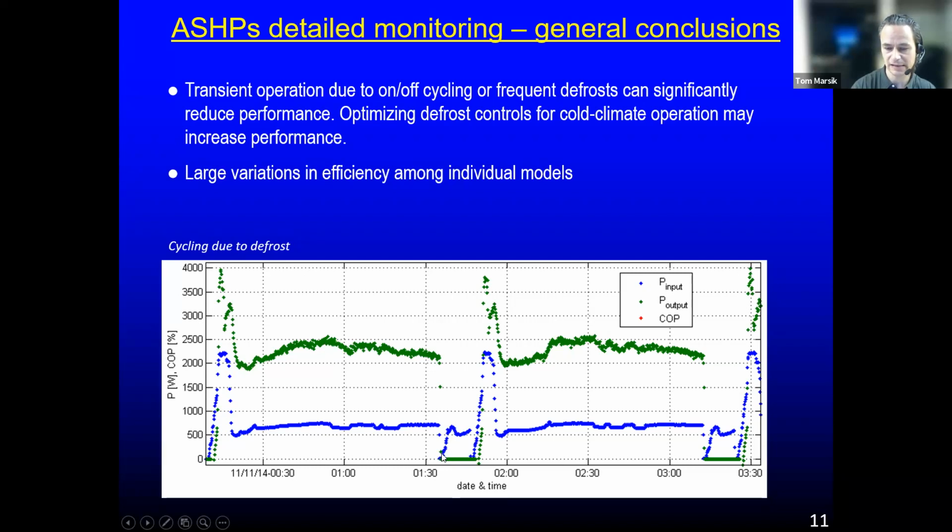The blue line is the electrical input, so it's still using electricity during the defrost, but you are not getting any heat from the heat pump into the building. And when it's done with the defrost, it runs in normal operation again until it ices up too much, and the defrost happens again. So this is just to give an idea of what the cycling due to defrost looks like.